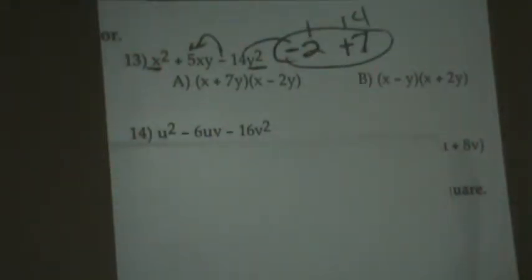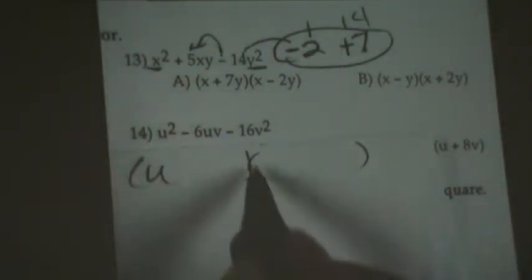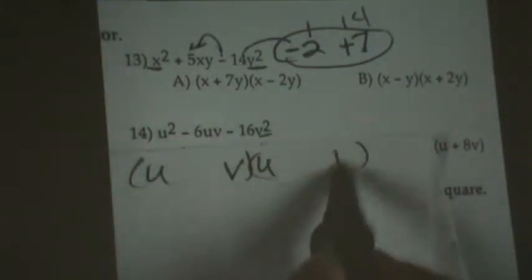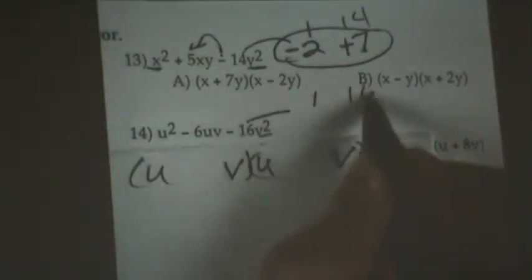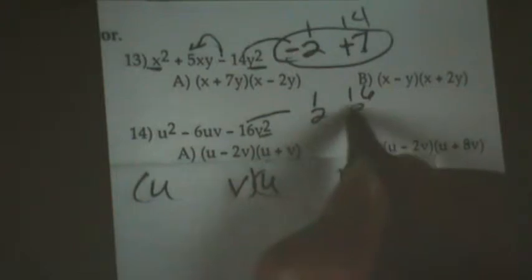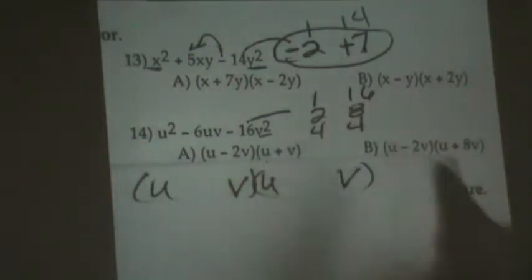Okay, u squared. They don't have anything in common. So let's factor it. U squared is u times u. V squared is v times v. That's 16. Let me turn this down to 1 times 16, 2 times 8, or 4 times 4.